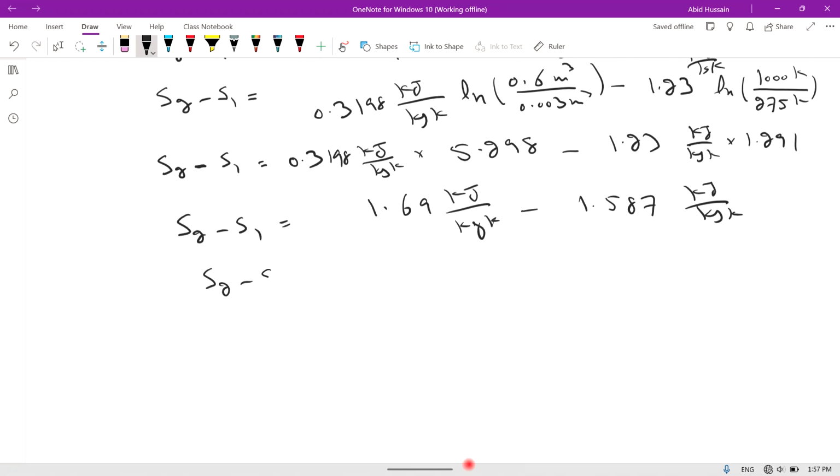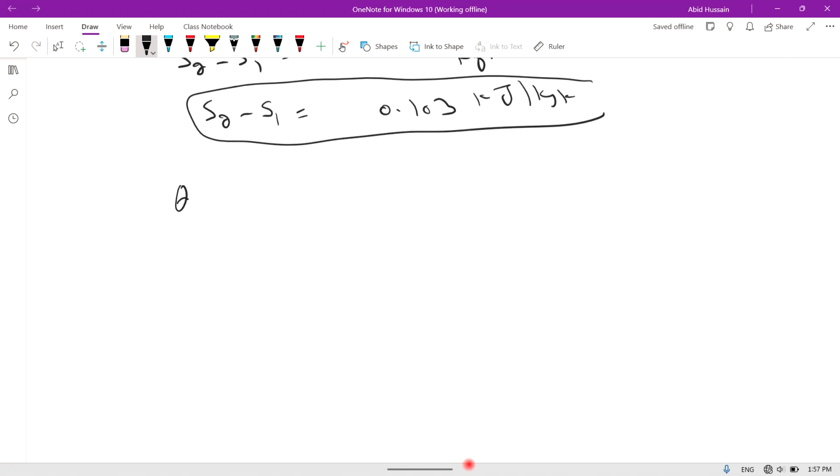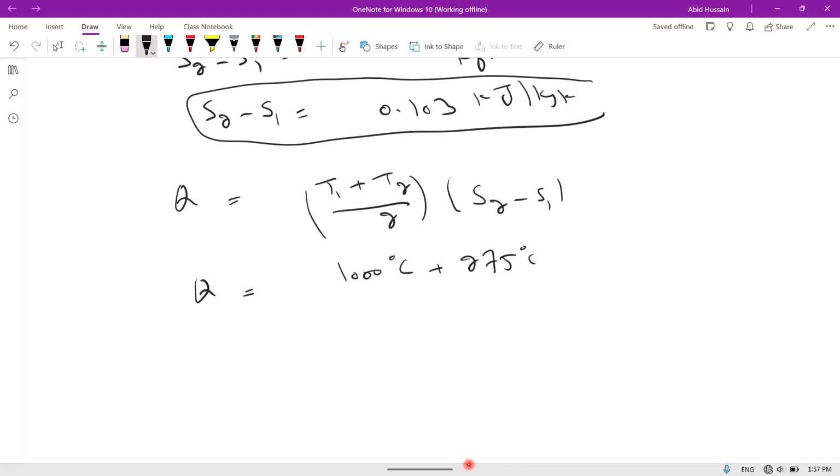So S2 minus S1 is equal to 0.103 kilojoule per kilogram per Kelvin. Now we can easily find Q. So Q is equal to the average of T1 plus T2 divided by 2, times S2 minus S1, and S2 minus S1 is equal to 0.103 kilojoule per kilogram per Kelvin.